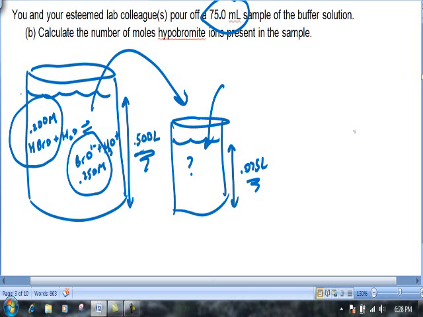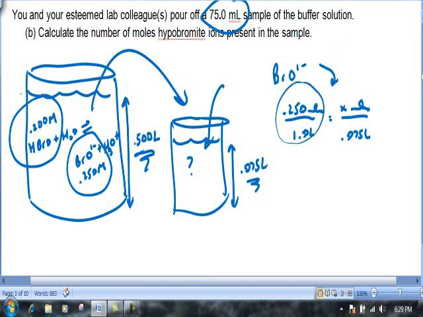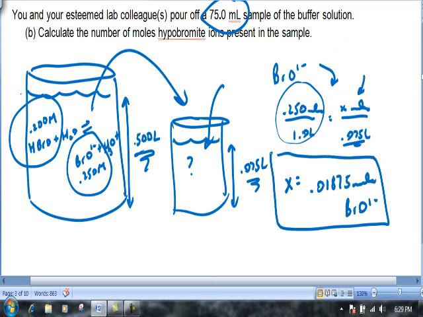For the hypobromite ions, we can set up a proportion. We know we have 0.250 moles per 1 liter of hypobromite ions, so we're going to have X moles present in 0.075 liters. Solving for X gives us 0.01875 moles of hypobromite ions present in our 75 milliliter sample of the buffer.